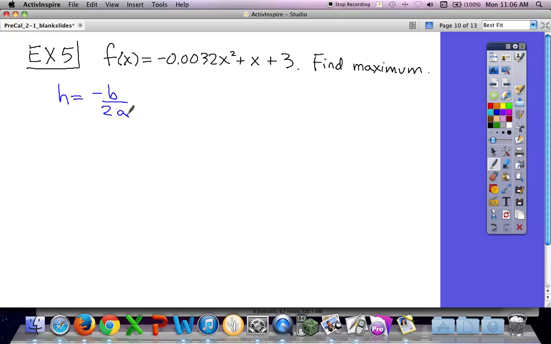In this case, here's our a, and our b is 1, because it's just x, right? So plug it in: negative 1 over 2 times negative 0.0032.